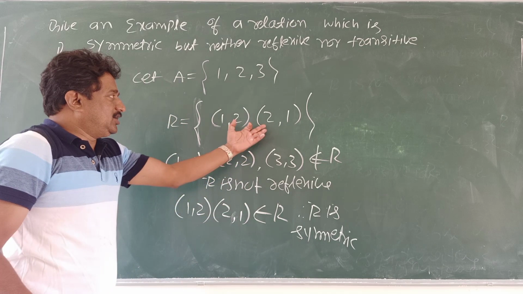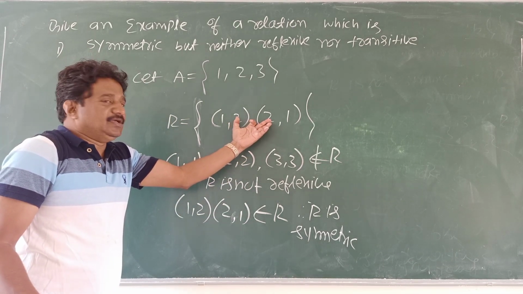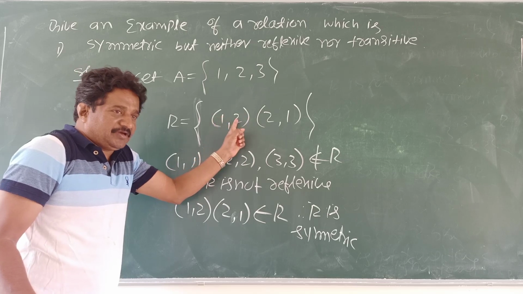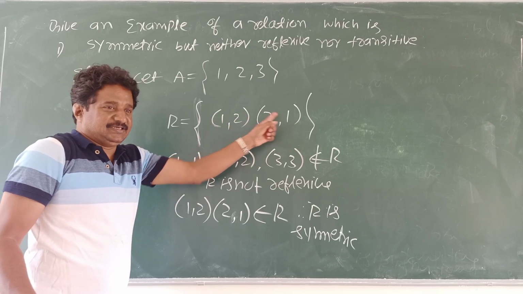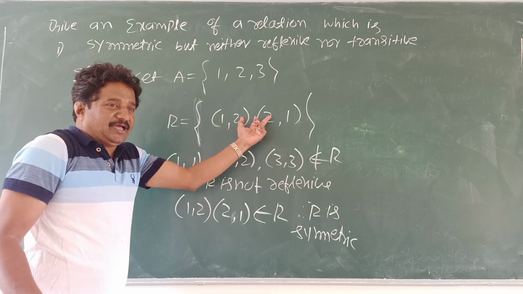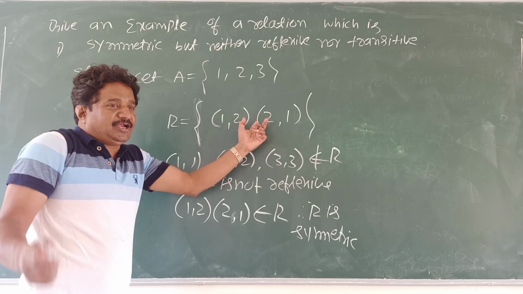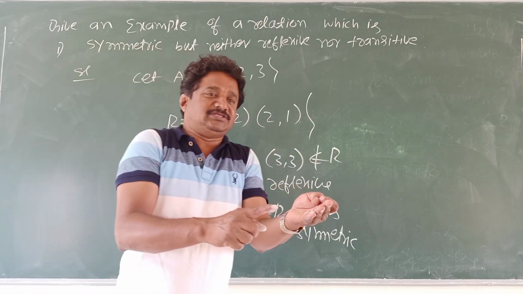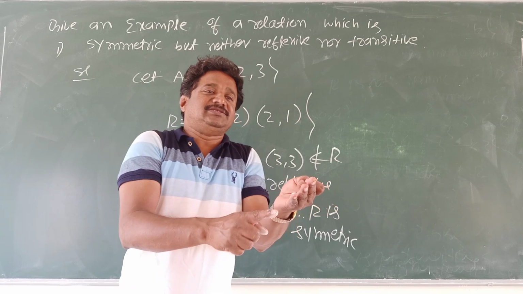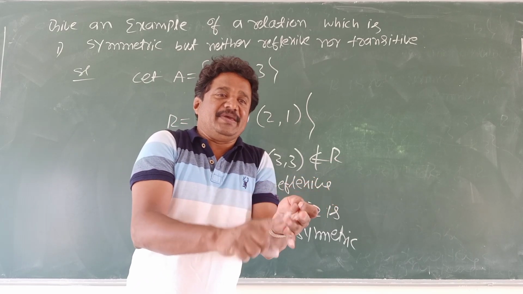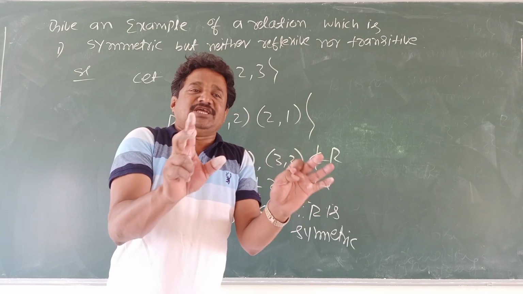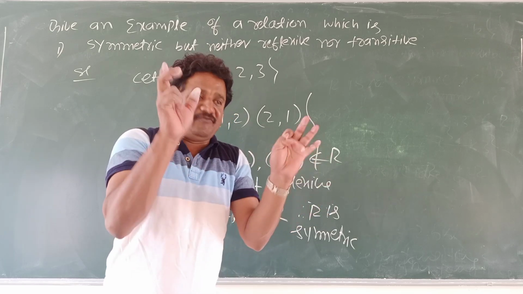Is this R transitive, students? Observe. Is this R transitive? No. Because we have (A, B), (B, C), with B matching. I told you in the beginning itself, the symbols A, B, C need not be distinct or different always.